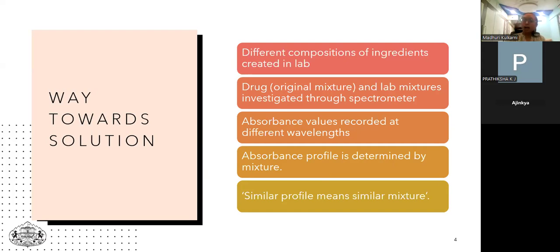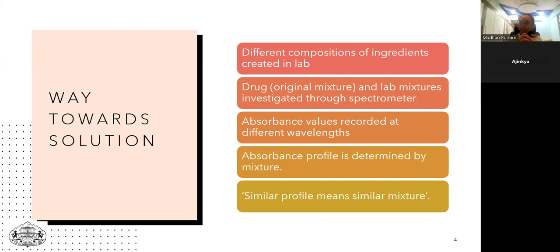So now how do we do it? Because for the lab mixture we know the proportion, we try to fit a regression model to the known proportions, taking these absorbance values as the predictor variables, and then use this model to predict the proportion for the original tablets.